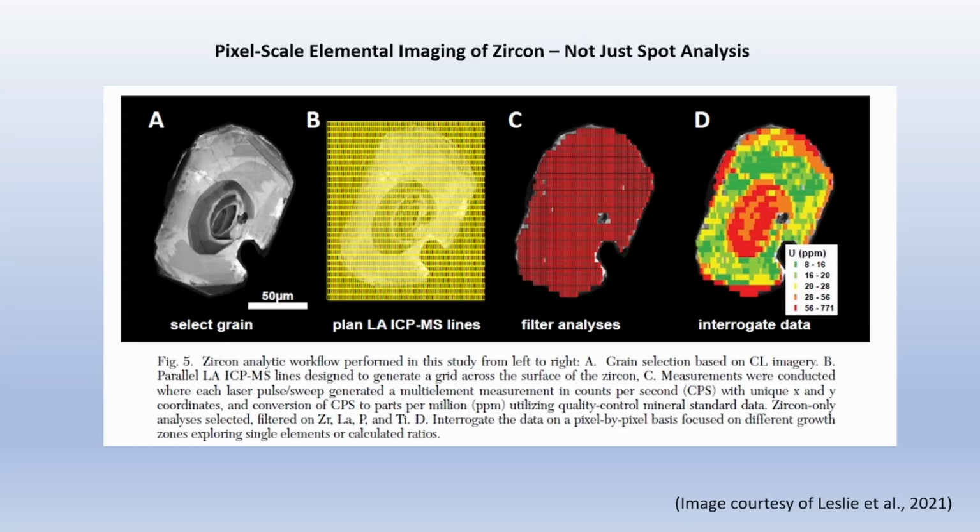Another interesting thing is that we have high uranium rims with low uranium cores in these samples, which is a kind of reverse of the usual trend.